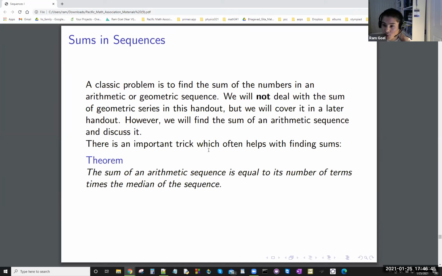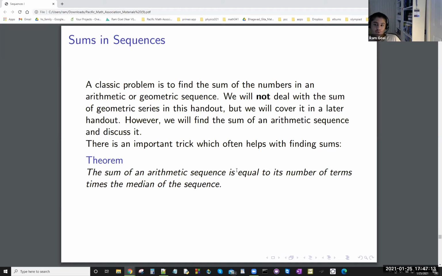This only works for finite sequences. We're going to cover the sum of an infinite geometric series later, but here everything is finite. The sum of an arithmetic sequence, a plus d, a plus 2d, all the way till a plus (n minus 1) times d, so an arithmetic sequence of length n, is equal to its number of terms, which is n, times the median of the sequence.